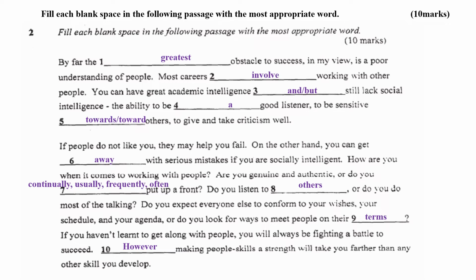I'm not going to do that, you'll do that, and I know you've been told that by your teachers from your various schools. By far, the greatest obstacle to success is, in my view, a poor understanding of people.